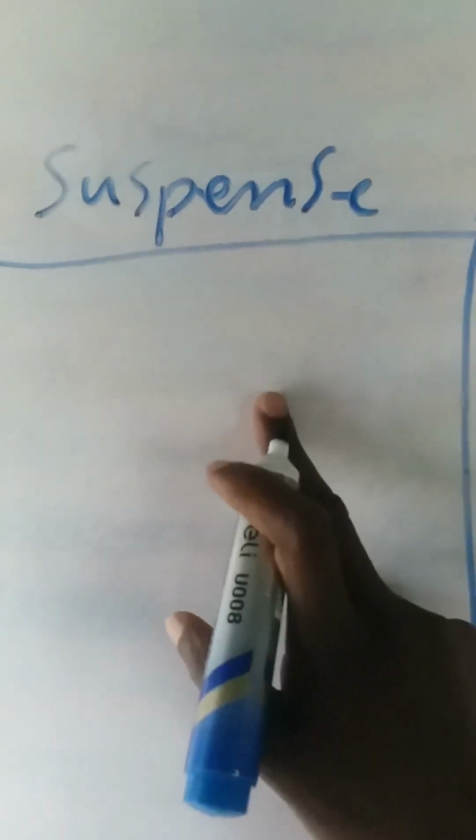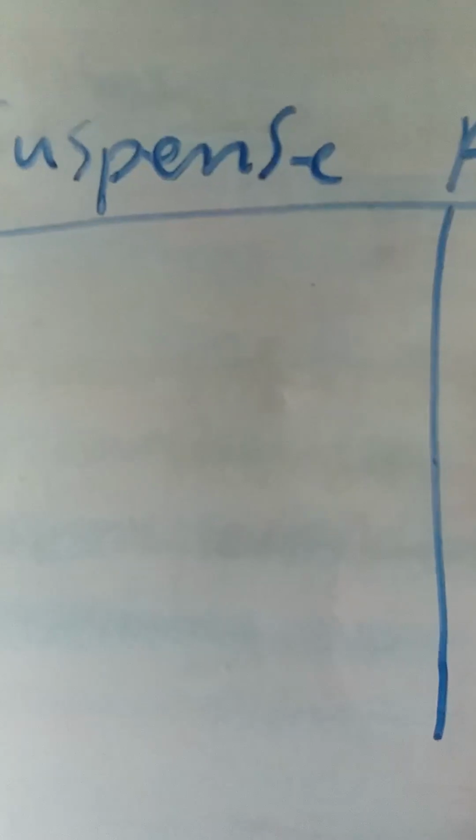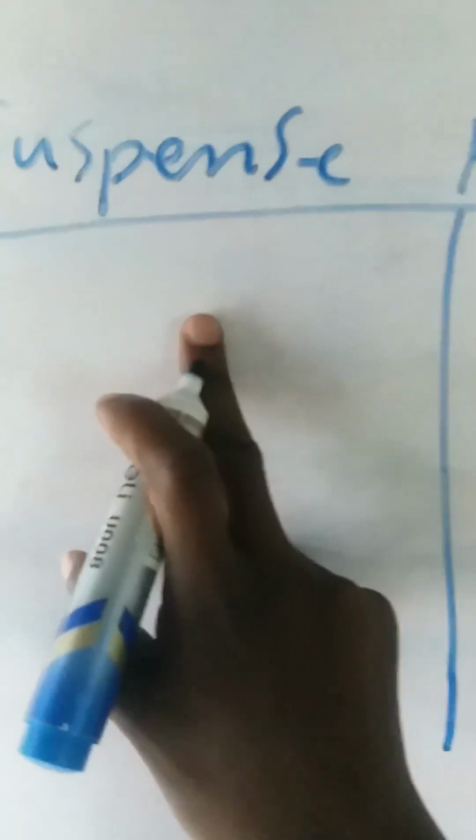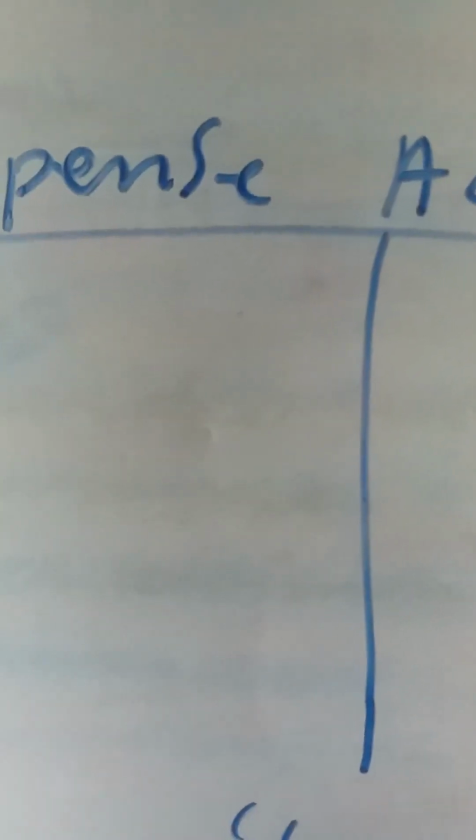Our trial balance says it's the credit side which is more than the debit side, so in the suspense account we record that figure where we are short, which is the debit side. So the amount we are recording on the debit side is 5,607.